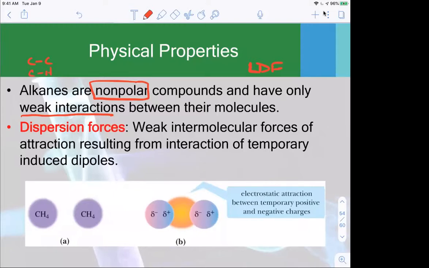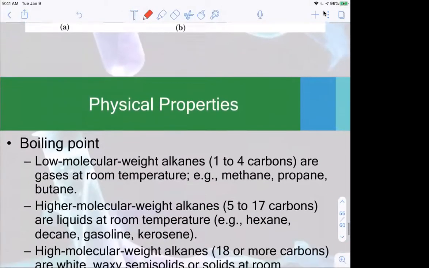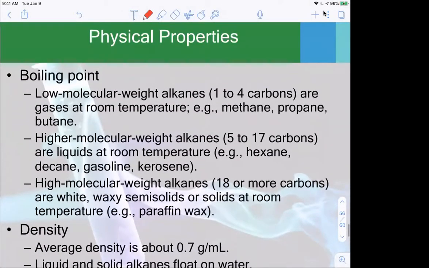These are those weak intermolecular forces of attraction from interaction of my temporary induced dipoles. So my boiling point is going to be relatively low. In fact, if I only have 1 to 4 carbons, these are going to be gases at room temperature because their boiling point is so low.